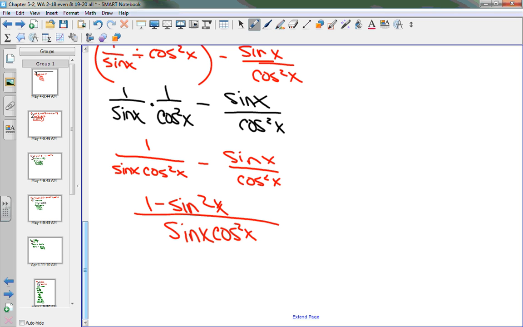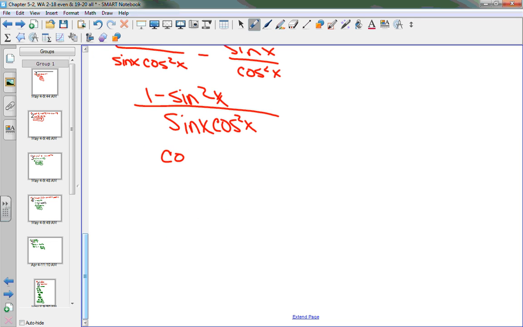What is 1 minus sine squared x? Cosine squared x, over sine x cosine squared x. And what happens if I cancel the cosine squared x? I have 1 over the sine of x. And what is 1 over sine of x understood to be?